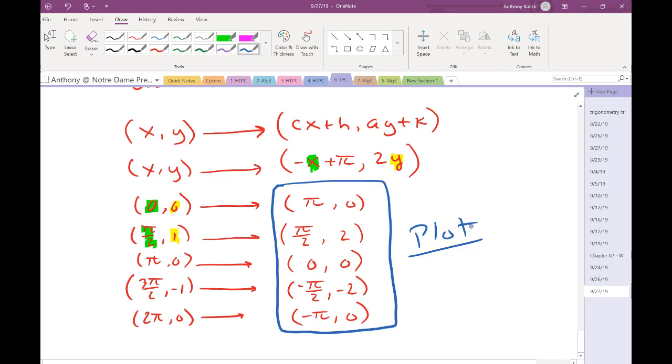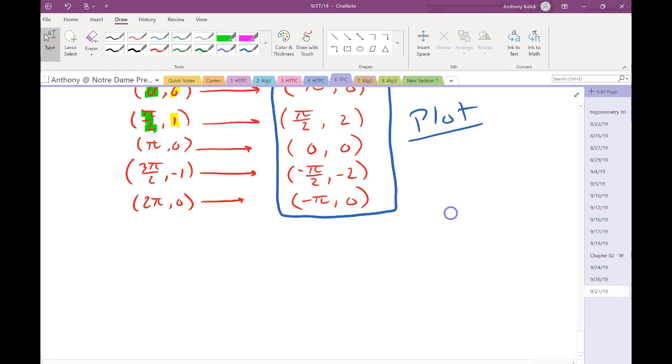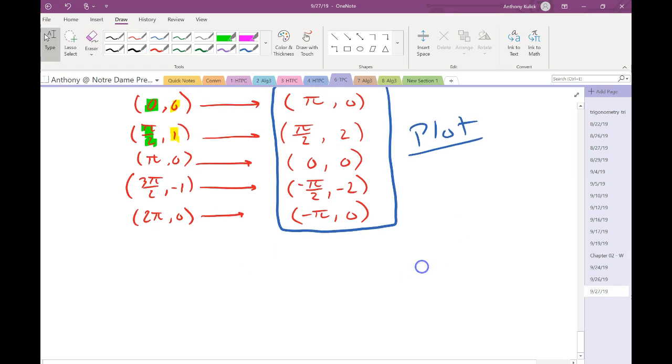So now I'm just going to plot these points on an xy axis. This is going to provide my graph. On the x-axis, I'm going to have my units go up by half pi's. So half pi, whole pi, negative half pi, negative pi. On my y-axis, I'm going to go up by 1s and 2s.